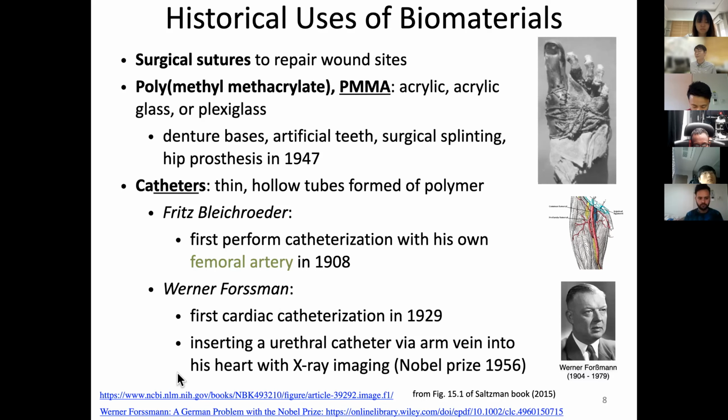So Forssmann was that crazy guy. He was thinking that this catheterization may be possible to put into one's human heart. Of course, at the time, it was a crazy idea. Nobody would buy it.